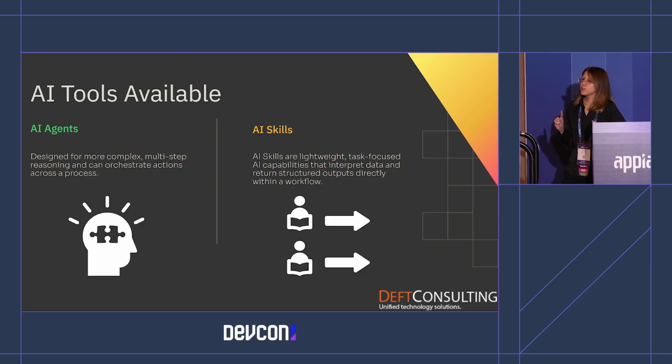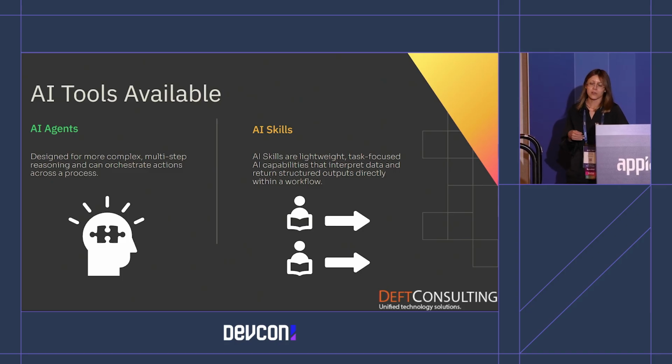Which one to use comes more to a use case level, but I just want you to have in mind that these are the objects that I will be referencing today, more specifically AI skills, so that we can understand what is the architecture or the idea behind how we're using them, and then applying them can vary with the specific application or use case where we want to implement them.